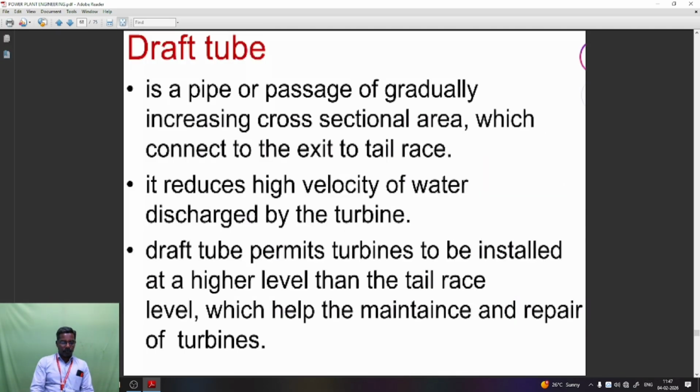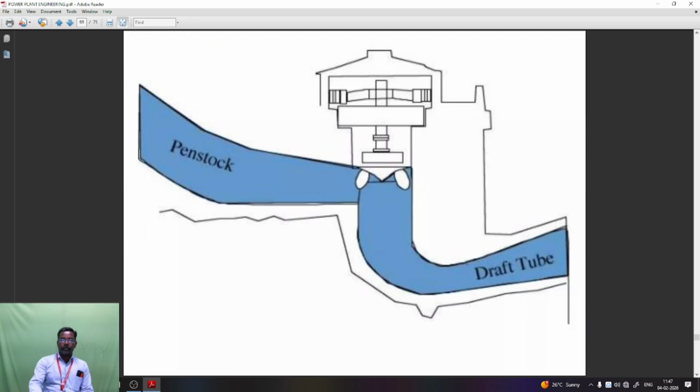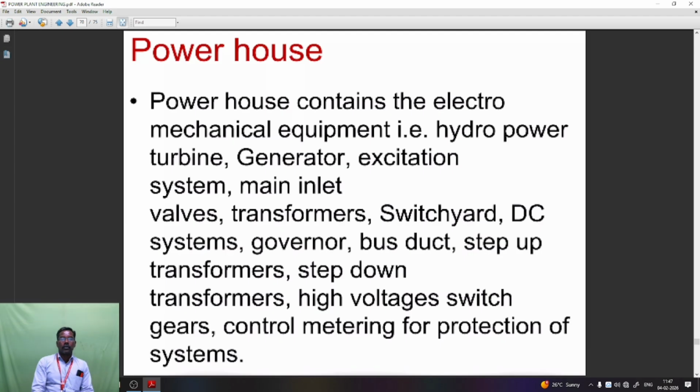Draft tube. A pipe connected to the turbine outlet that allows the turbine to be set above the tail race without losing head, and increases efficiency. Powerhouse.